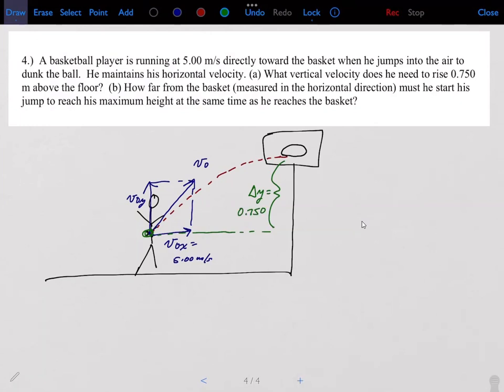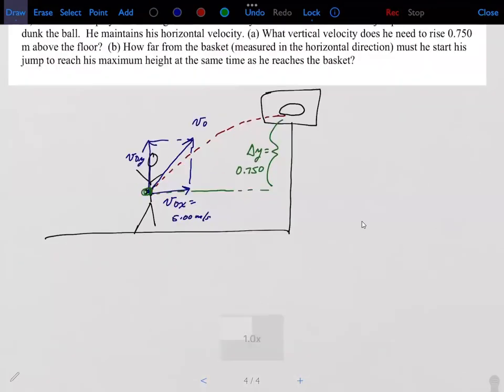Okay, so we know a bunch of things, right? I'm going to write them down here again. We know v initial x is 5, that was given, meters per second. We know delta y is 0.750 meters.